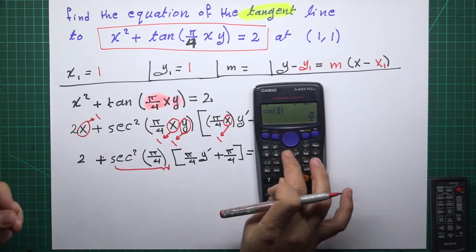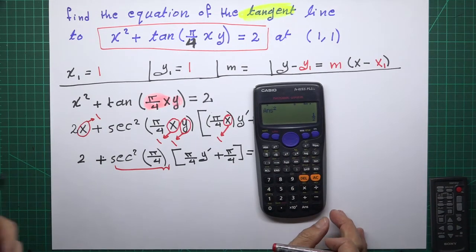Then you have to square the result. It will be 1 over 2.